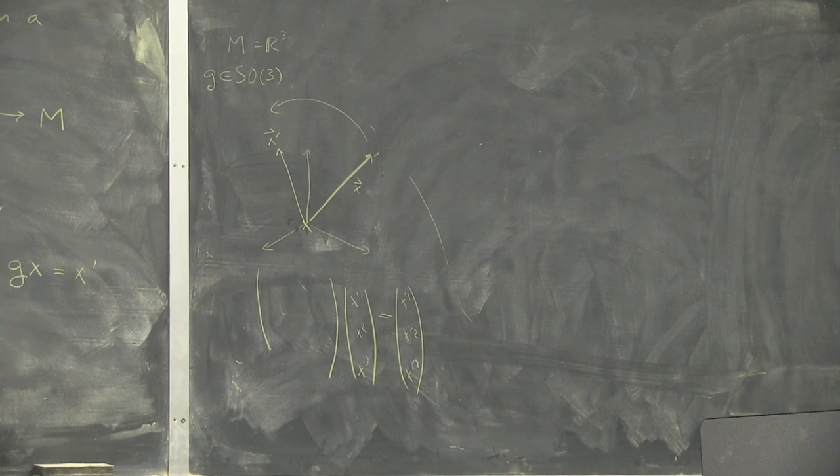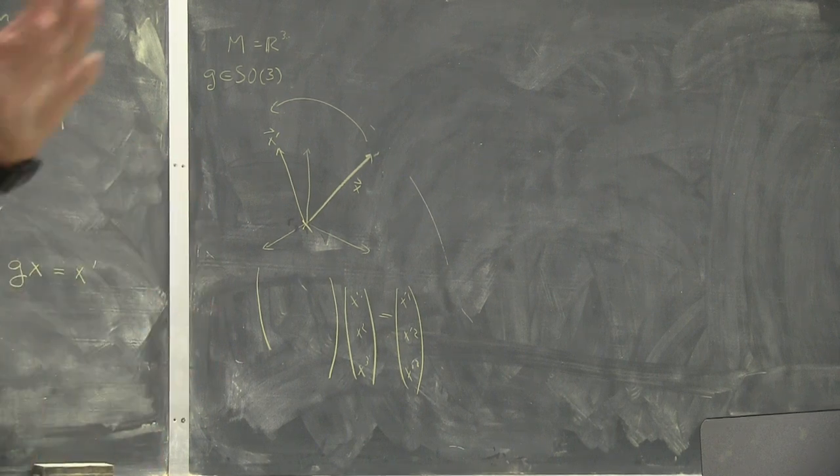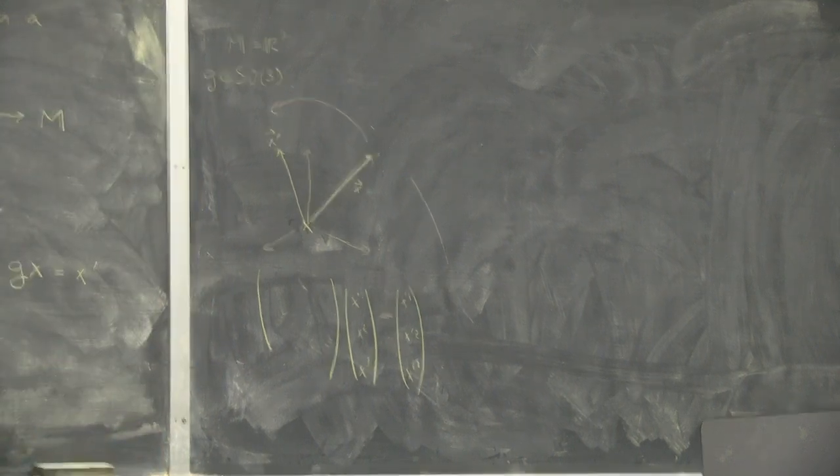But wouldn't that just be a group representation of SO3? That's not a representation. A representation, remember, represents a group by a set of linear operators on vector spaces. So those operators are operators on vector spaces, but M is not necessarily a vector space. It can be in this case, but it's not necessarily a vector space.